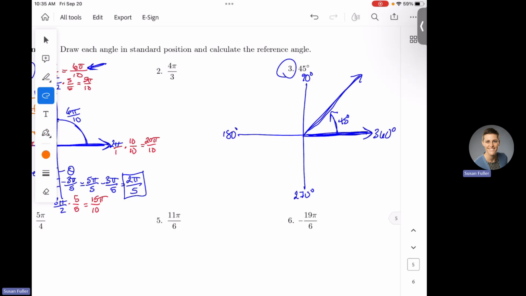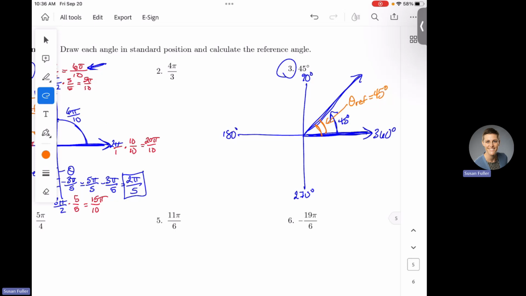Now I have to figure out what my reference angle is. Your reference angle is the acute angle between your terminal side and the x-axis, which here is right here. That's your theta ref. That's the same angle that we just rotated through with theta. And again, in the first quadrant, your theta ref and your theta angle will be the same.